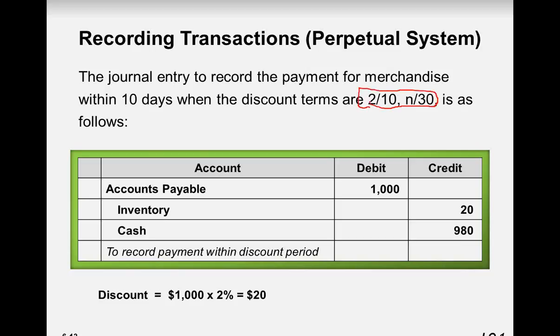You should remember that the 2 means 2% discount if paid within 10 days. The full net of the invoice is due in 30. We've had this discussion before, but also notice that the discount here comes directly out of the inventory account. We don't use a discount account when we're doing perpetual.